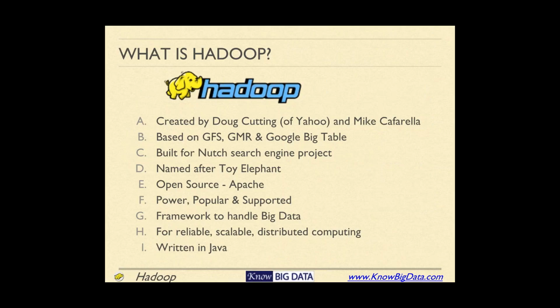First, there was a person called Doug Cutting who was working with Yahoo at that time on a hobby project. He was trying to build a search engine like Google. And what is a search engine? A search engine downloads data from all websites, prepares indexes, and displays the search results to the end user.